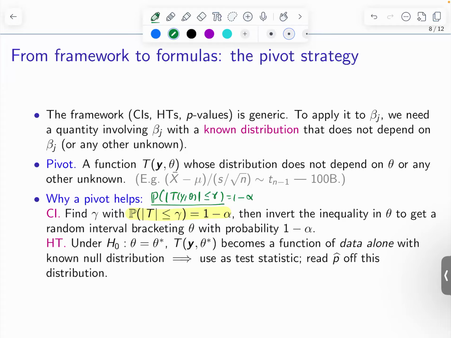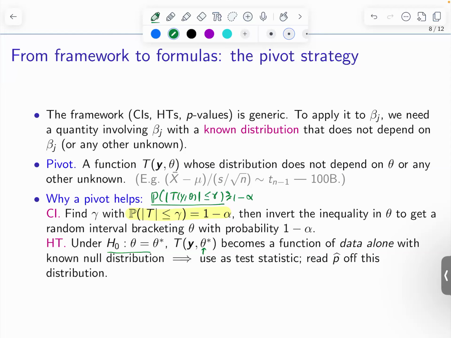And then we invert this inequality that this gives us. If you set it bigger than or equal to 1 minus alpha, it gives you an inequality that allows me to bracket theta, as we will see. How does this allow us to build a test? Because under the null, if I want to test whether theta is equal to theta star, I set theta to be theta star.